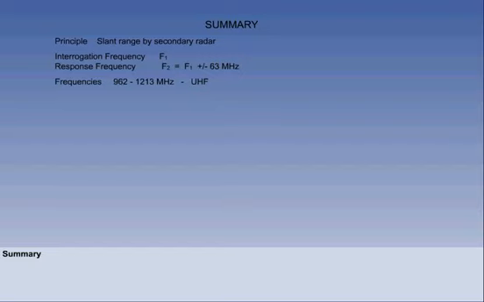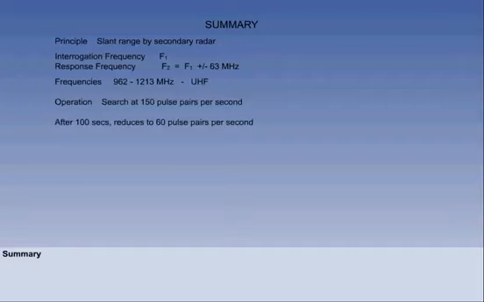This provides 252 channels. The transmitter searches at 150 pulse pairs per second for 100 seconds, or until lock-on. If, after 100 seconds, lock-on is not achieved, the search reduces to 60 pulse pairs per second until lock is achieved, or a new channel is selected. At lock-on, the rate reduces to 25 pulse pairs per second.